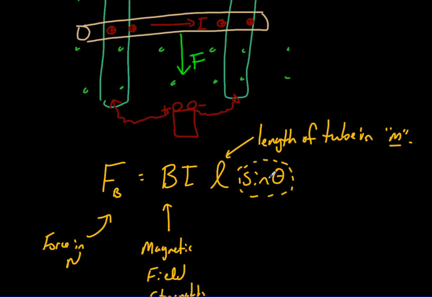So what the sine theta here is saying is that this works fully at 90 degrees, right? Because sine 90 is 1, right? So when my current and my magnetic field are at 90 degrees to one another, I get full force. If they're at some other angle, it's only the component that's perpendicular to the field that's producing any force, right?